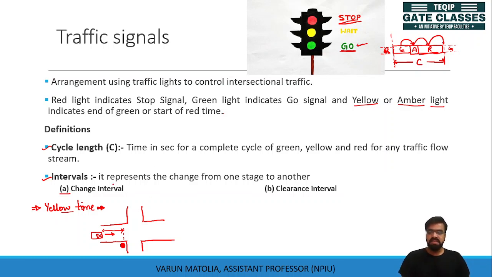So this distance, let us call this distance, should be equal to SSD, stopping sight distance, because after looking at this intersection, the distance provided on the road should be enough to stop your vehicle. So this is SSD.